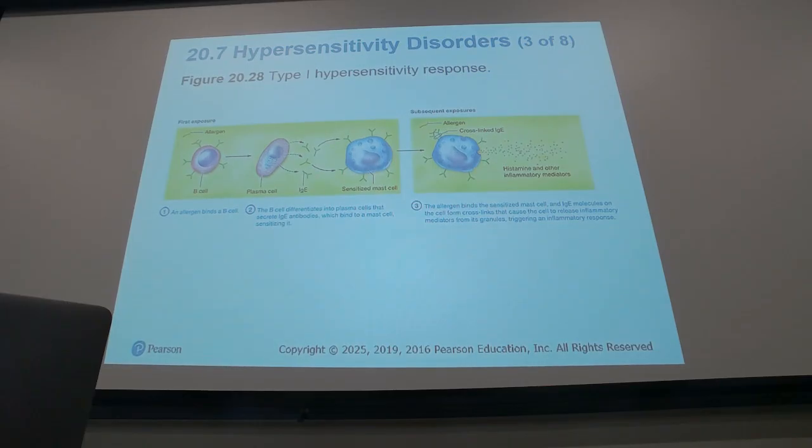In this case, you have massive release of histamine. And then the blood vessels open up, vasodilate, they leak a lot of fluid out of the circulatory system, so you end up with cardiovascular shock and death. So those were the persons who carry their EpiPen with them. That's type 1 hypersensitivity.